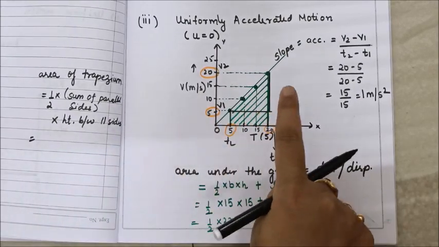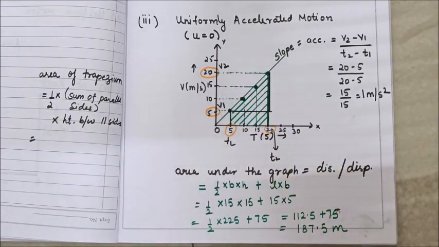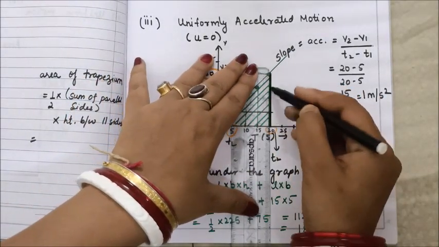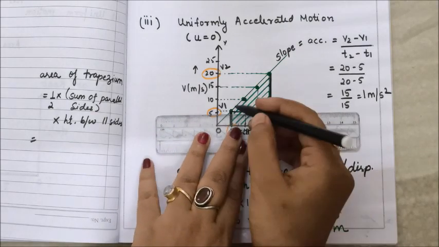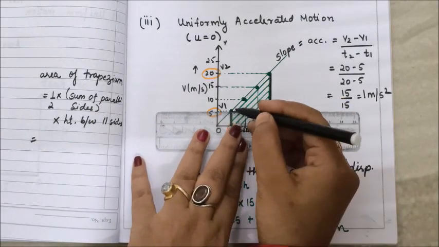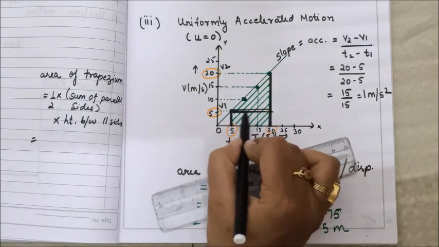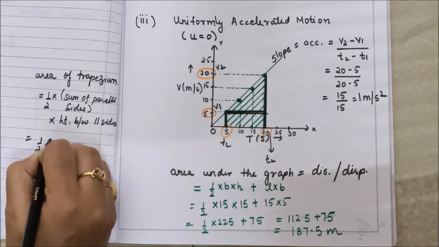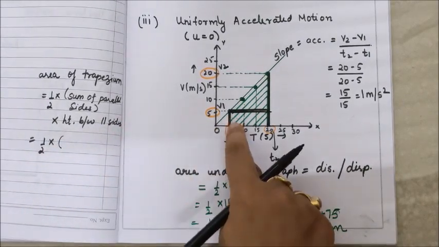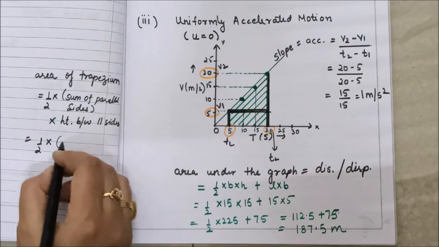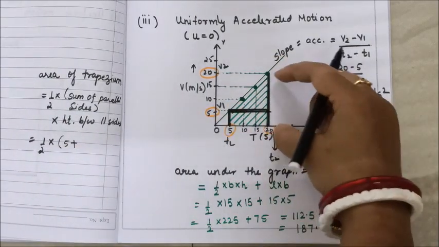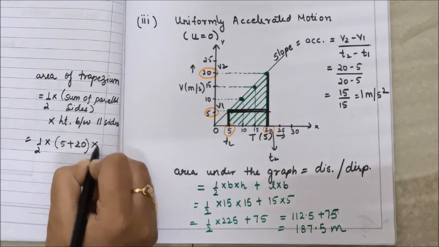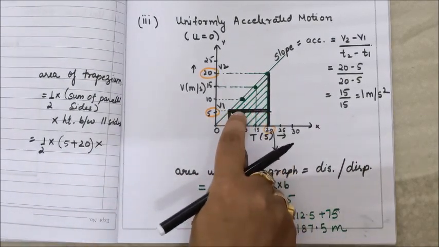So here, my parallel sides are going to be this and this, whereas the height between the parallel sides is on the time interval. Now just putting in the values, half multiplied by the first side, which is 5, the second side of the trapezium, which is 20, multiplied by the distance between them.